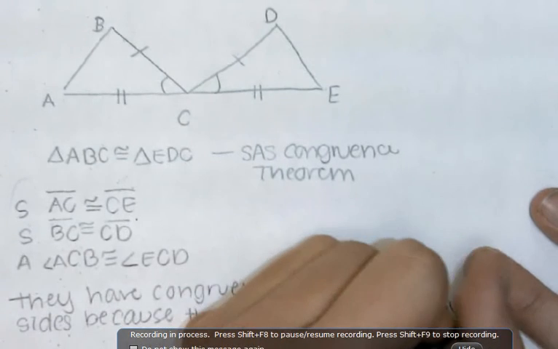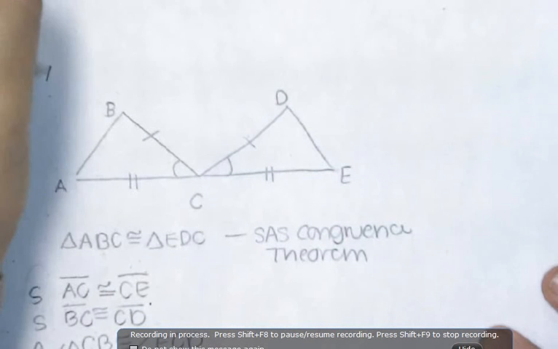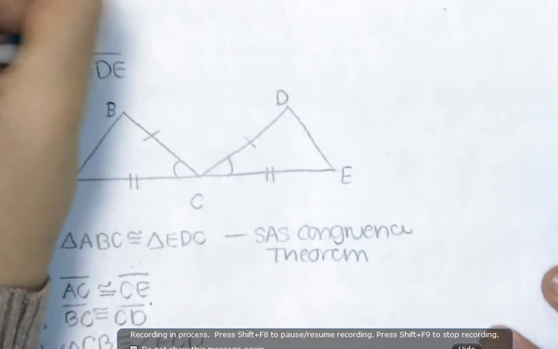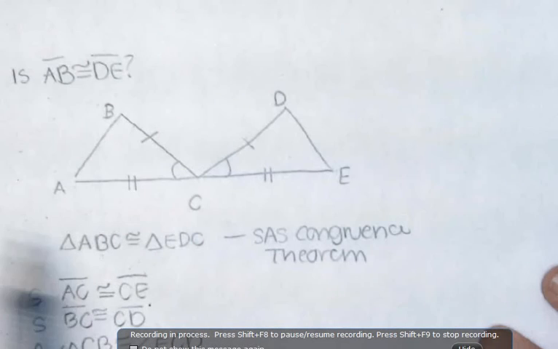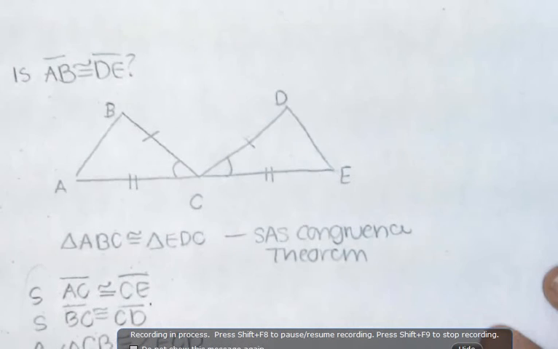So if it asks me, for example, is segment AB congruent to DE? Well, I could say that I know my triangles are congruent to each other because of the side angle side congruence theorem, because I have all these three parts satisfied.